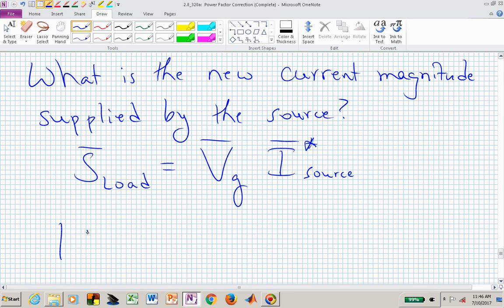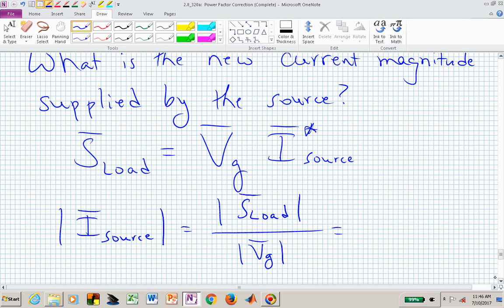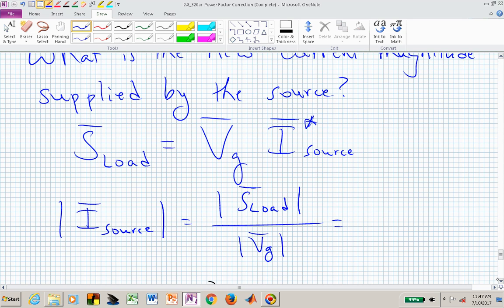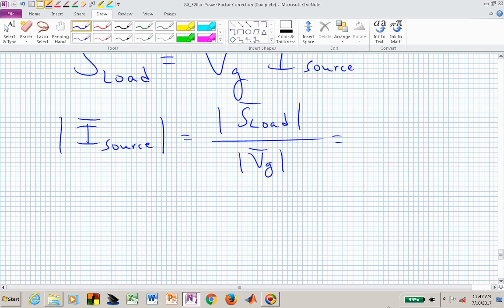So now we can say the magnitude of our source current is now equal to the apparent power of all of the loads divided by the magnitude of our supply voltage. Or this is now 72,000 divided by 500, or this is now 144 amps RMS.